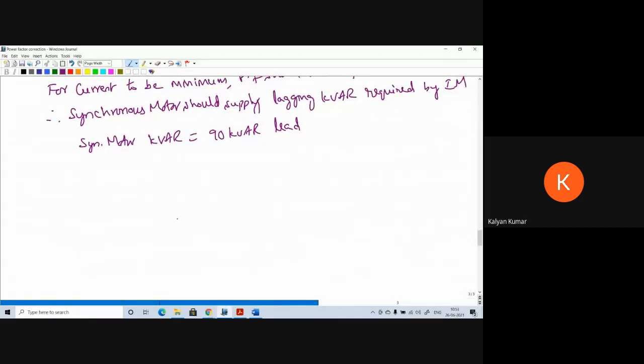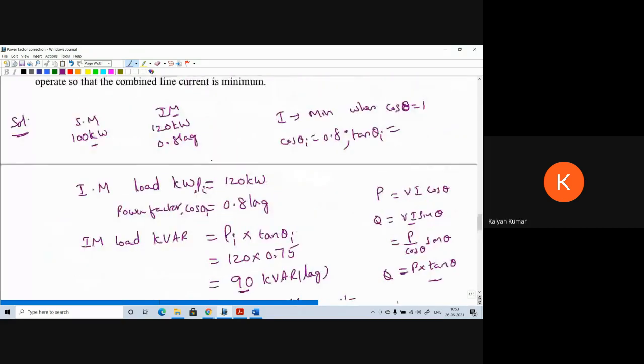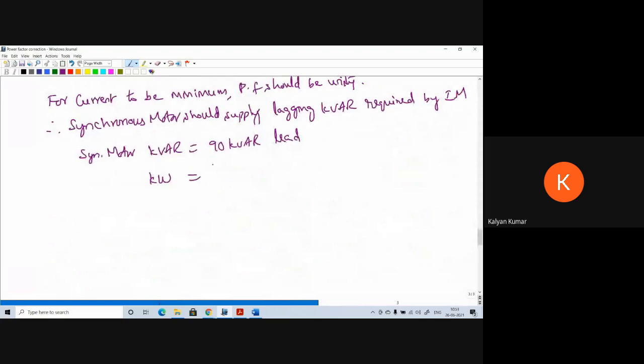Therefore, the kilowatt load for the synchronous motor is 100, as given in the problem.